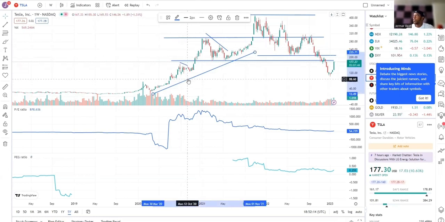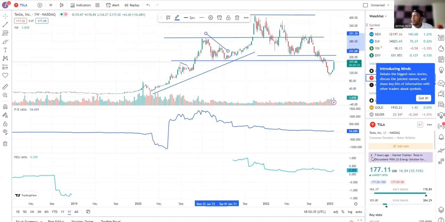Your primary trend is over a significant period of time. Like I said, from March 2020 all the way until November 1st, 2021, you saw the primary trend of Tesla moving upward. And then from January 25th, 2021 to June 1st of 2021, you saw that Tesla started to move in a secondary downward trend.